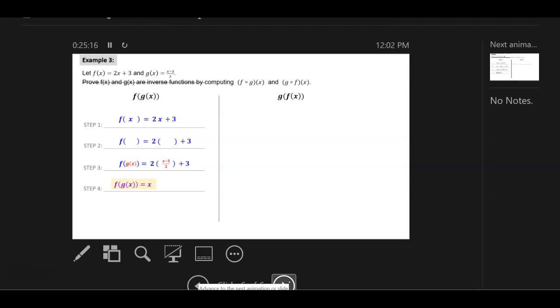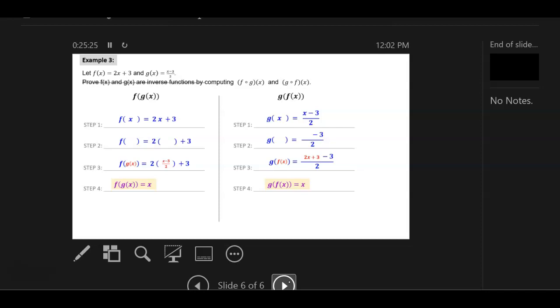It's also similar for g of f of x. The g comes first, g of x, replace the x with your f function, and you would also get x. So make sure you have both of these down.